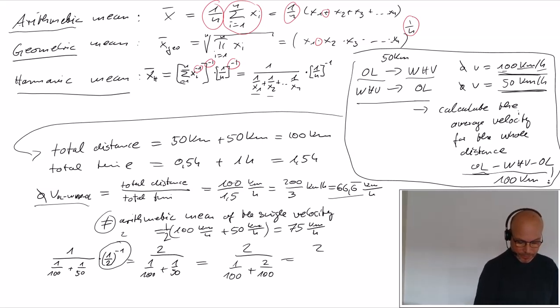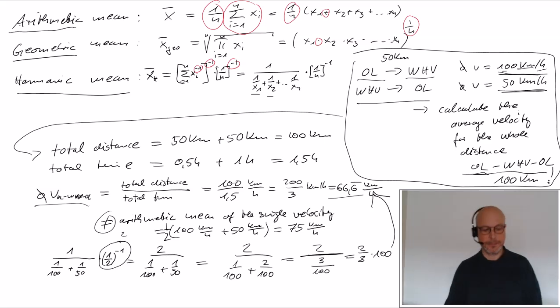And then we have 2 over 3 over 100. And then you have to take the inverse of 3 over 100 and you have 2 over 3 times 100. And this is surprisingly the same as this.